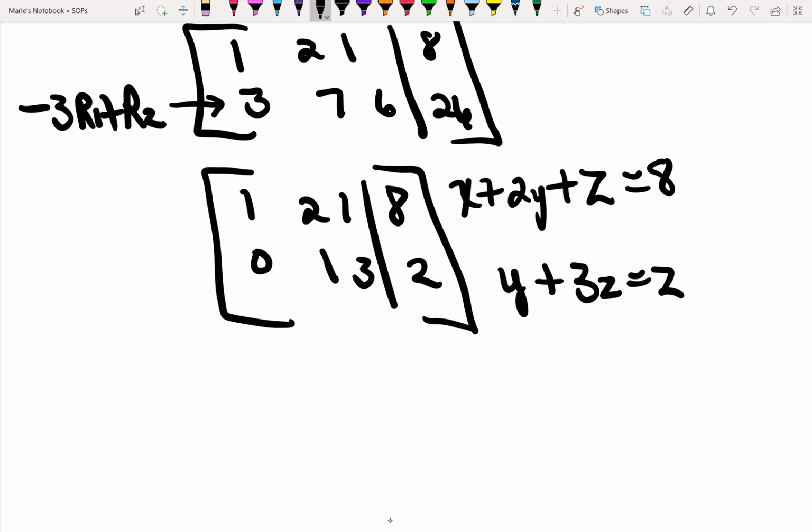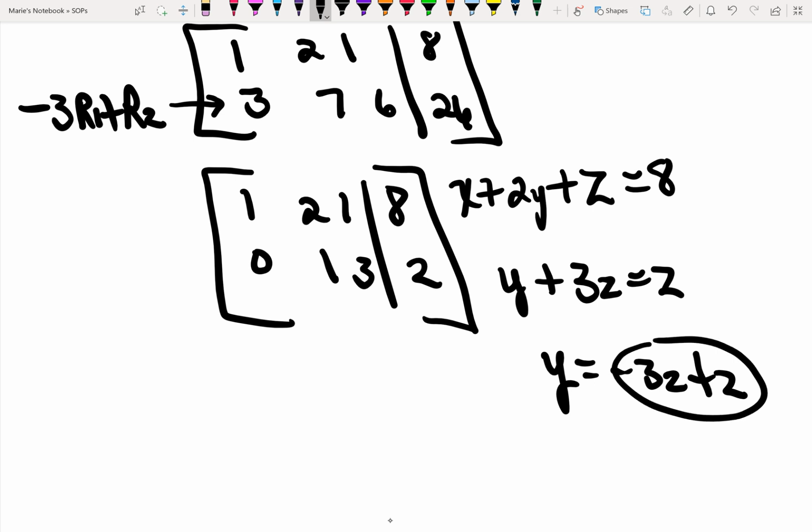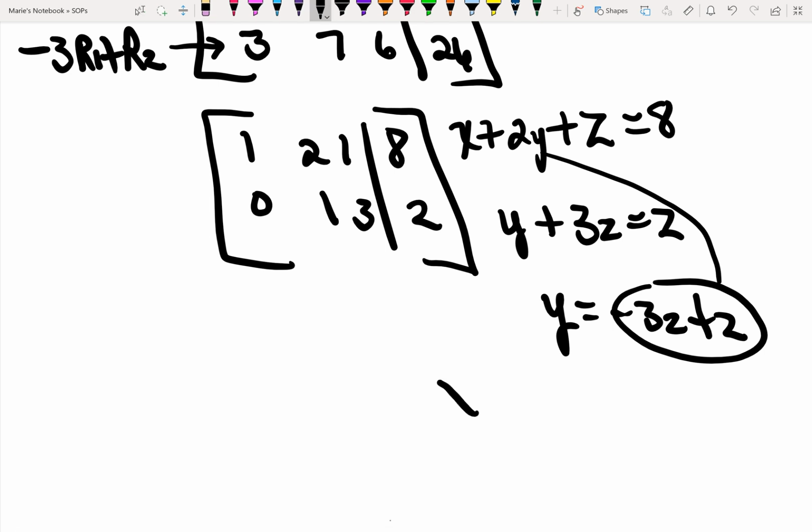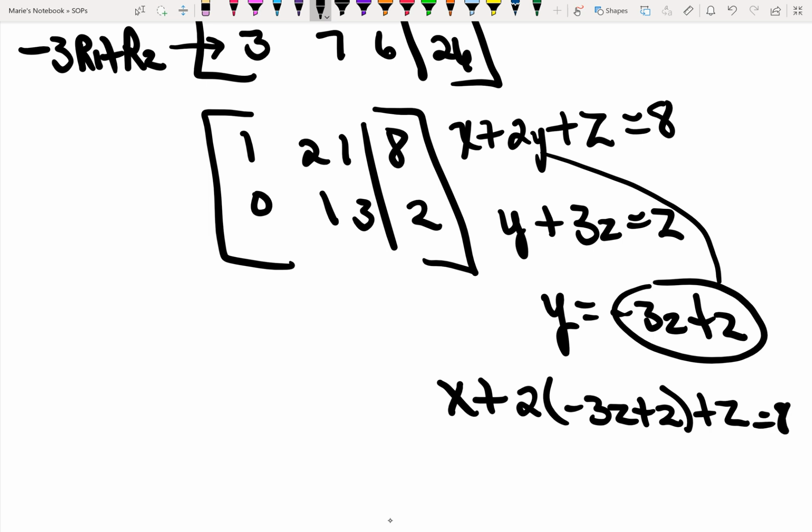And so I can solve for y. I know that y is equal to negative 3z plus 2. That's one of your equations. If I substitute this in here, I will obtain x plus 2 times negative 3z plus 2, plus z equals 8, and I can solve, where I distribute the 2 and then collect like terms.